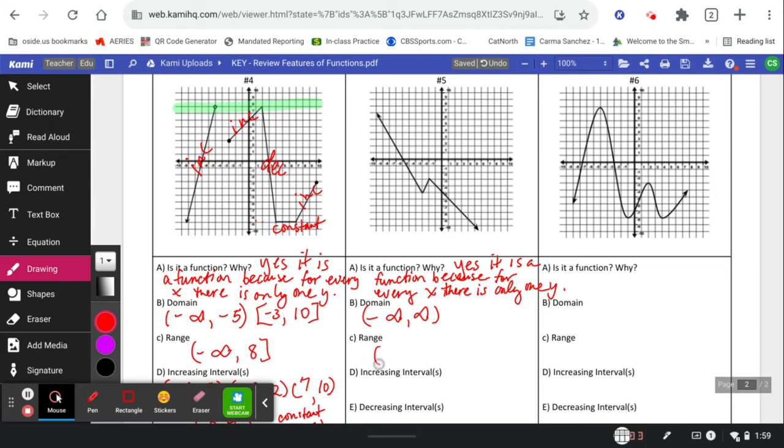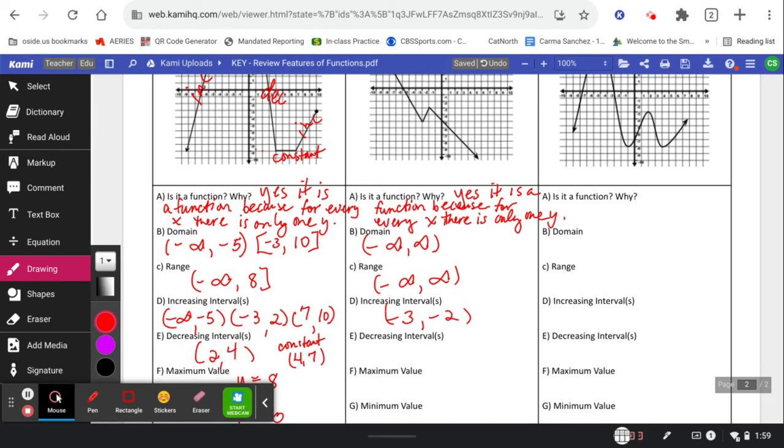Range of this one goes forever down, forever up. Increasing is never. Oh, just kidding. There's a little section in there. I just saw it. -1, 2, 3 to -2. Decreasing from -infinity up to -3. And then from -2 to infinity.